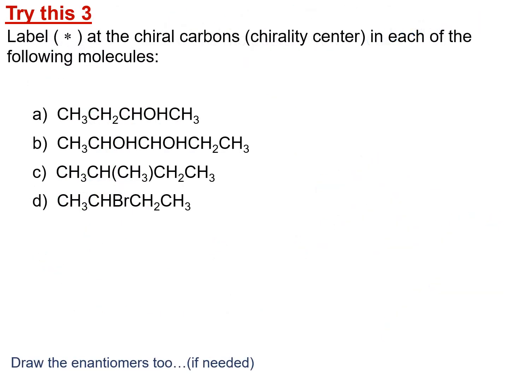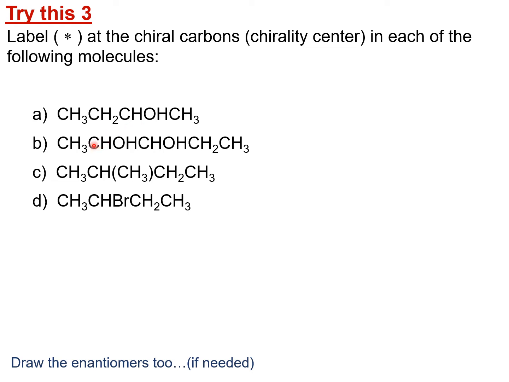Okay, so let's try these 3. Dia suruh kamu label asterisk ada chiral carbons ataupun chiral center in each of the following molecules, and if let's say dia ada chiral carbon, please draw the enantiomers too. Okay, so as usual, untuk kamu detect sama ada chiral carbon ke tidak, my tips is you cari carbon yang sebelah tu ada satu saja hydrogen atom.